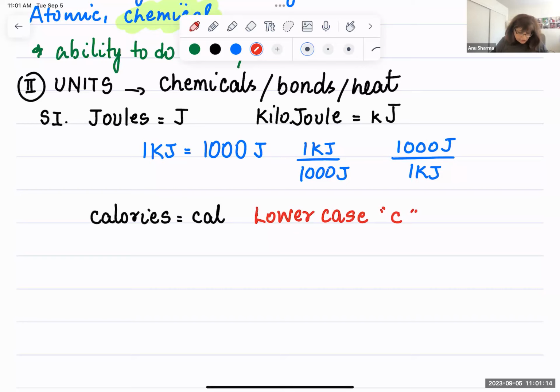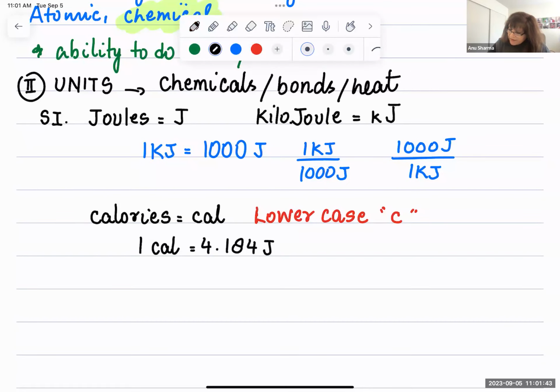So what is the relationship between calorie and joule? 1 small calorie is equal to 4.184 joules. Based on this equality, what are the conversion factors?